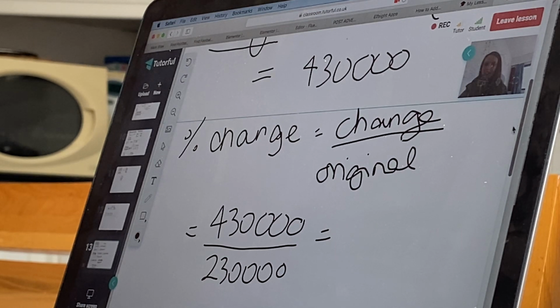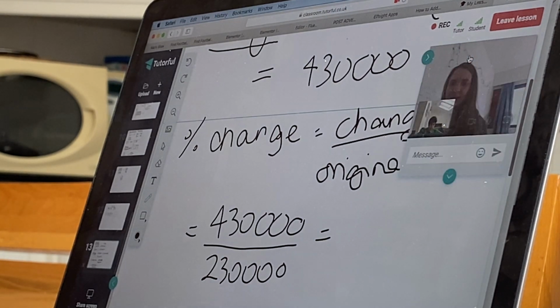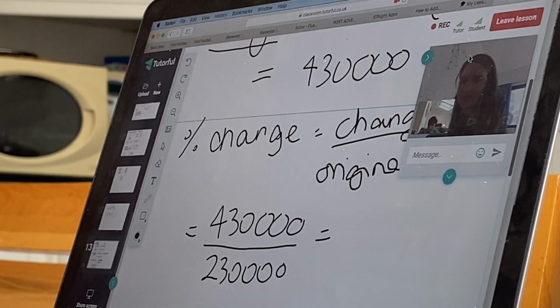So the first thing to do is define. Because of the way that we have it in the question, the first one has profit, and the second one has loss. So what that means is when we calculate the change, we actually have to add them together. So let's look at this part here. It explains a little bit why.